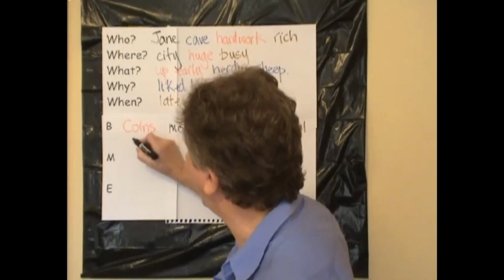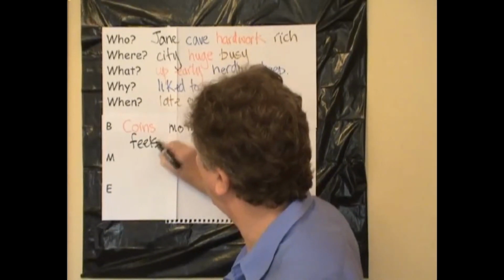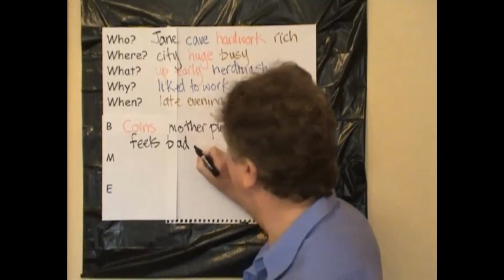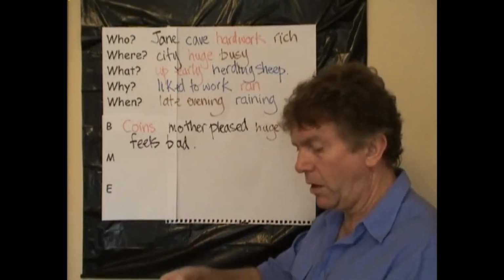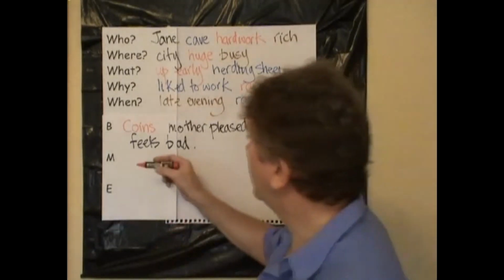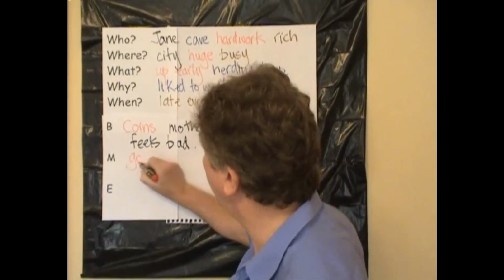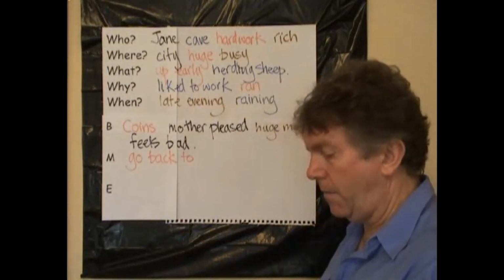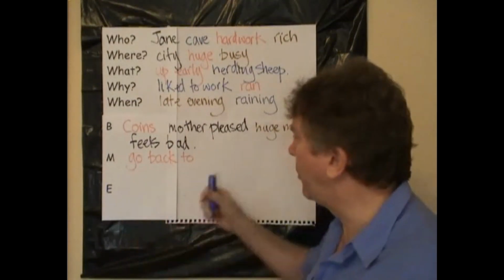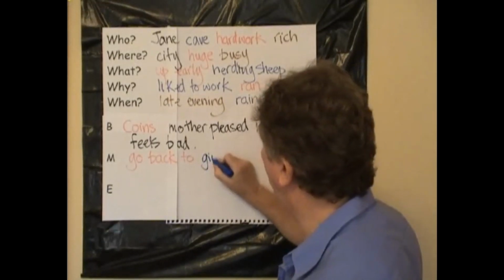So she feels bad about that. So now we have the middle of the story where she returns. So she's going to go back to maybe give more sheep, or give the gold back.